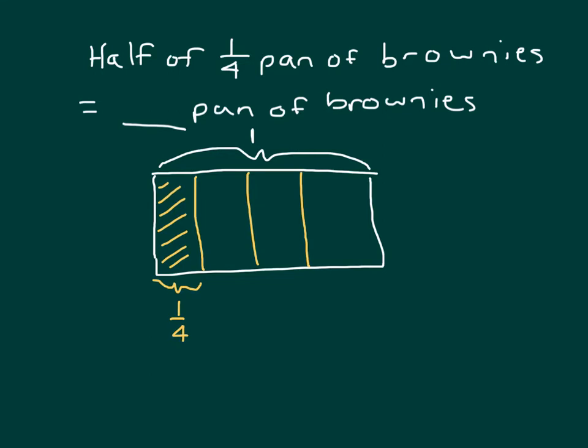Now, the problem still says half of 1/4 pan of brownies. So for our area model, we will continue by looking at 1/2. Instead of drawing a vertical line, we will use a horizontal line. In this case, since we're looking at 1/2, we are dividing the model into 2 parts.